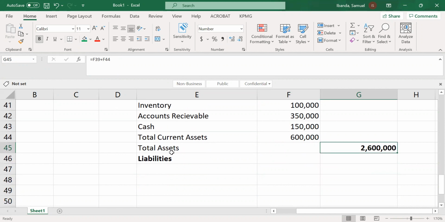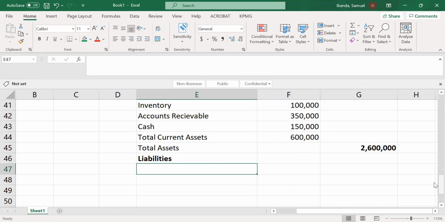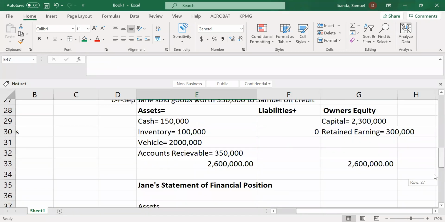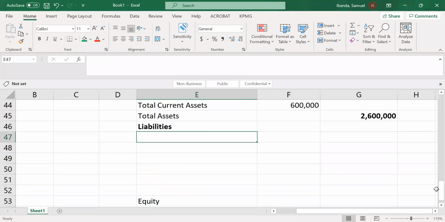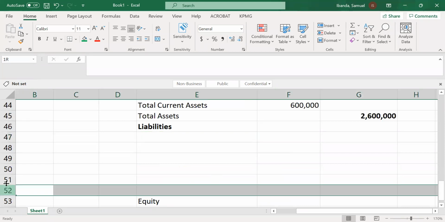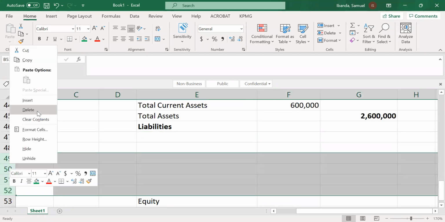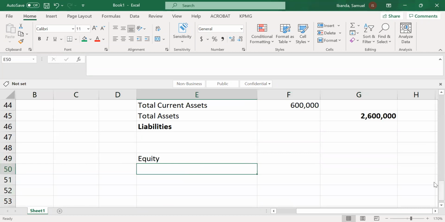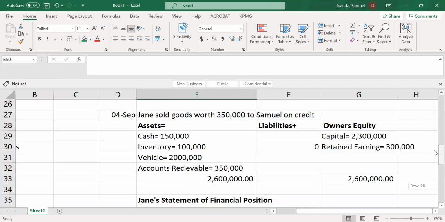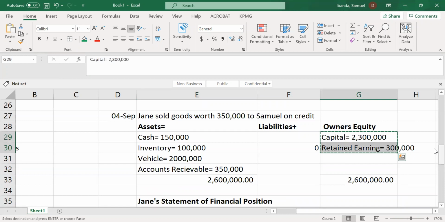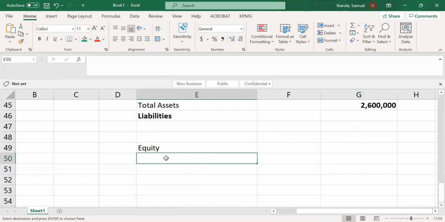Liabilities, we didn't have any liabilities, so there's nothing to be recorded, just the way it is there. Equity, we have these items, capital and retained earnings, and I'll just copy them the way they are there.